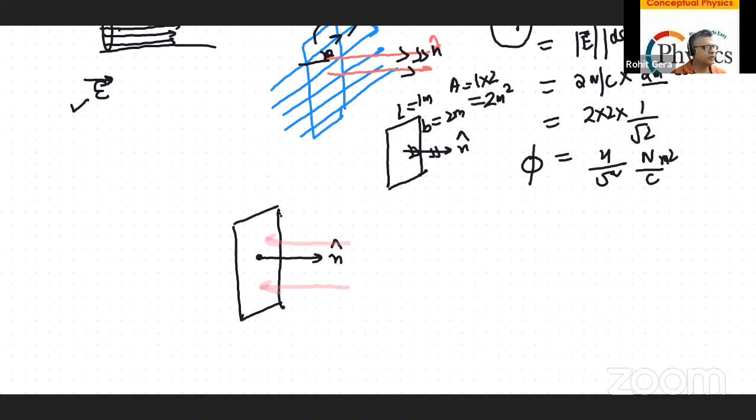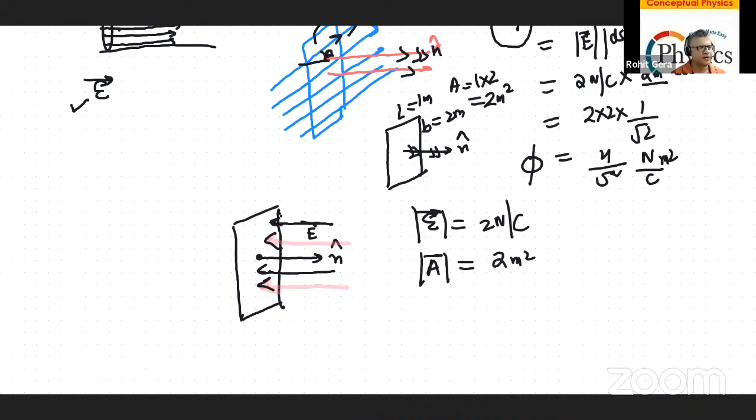All right. Now my question is, electric field magnitude is given to be 2 Newton per coulomb. The area of this rectangular surface is given to be, say, 2 meter square, and you can see the direction of the electric field. Question is, how much flux is passing through this surface?